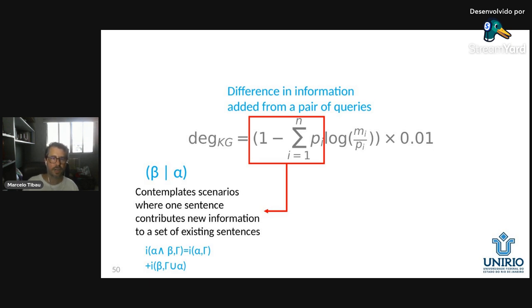Here we have the conditional probability, in which the current statement, the current sentence, must be a consequence of the previous one. That contemplates scenarios where one sentence contributes new information to a set of existing sentences, represented by the qualitative approach.